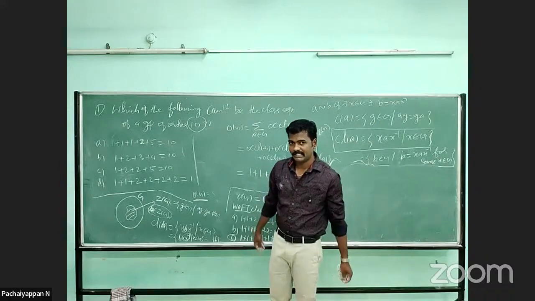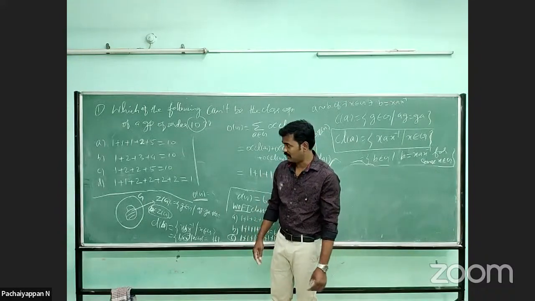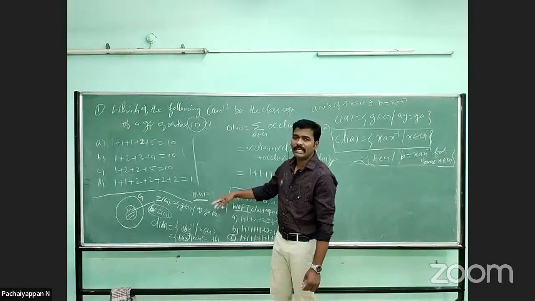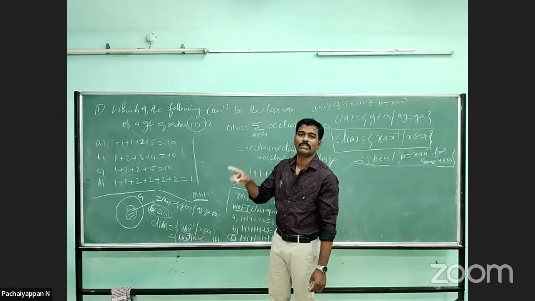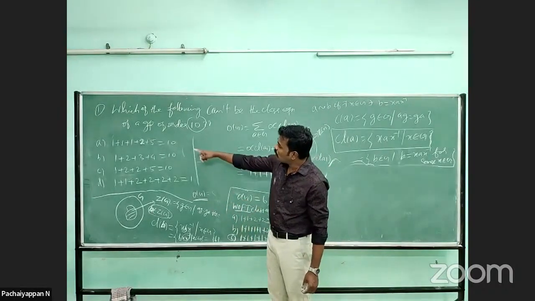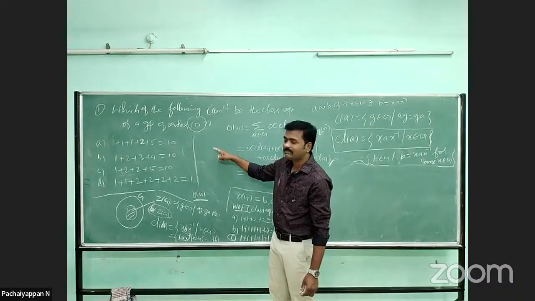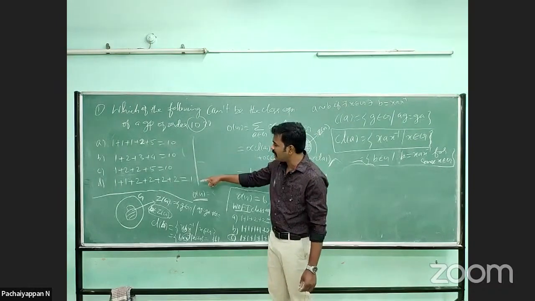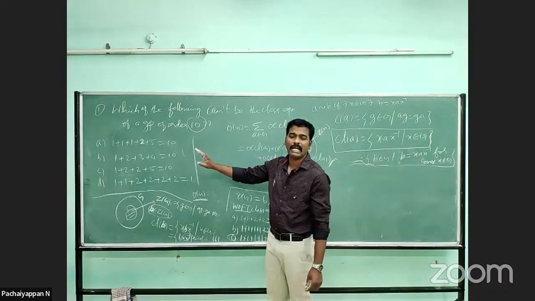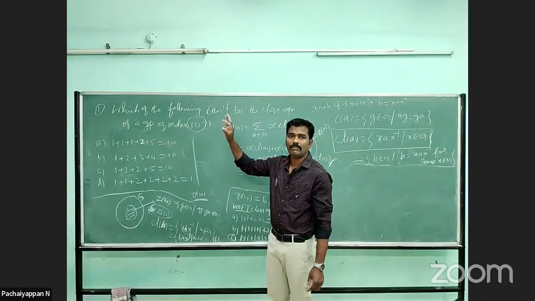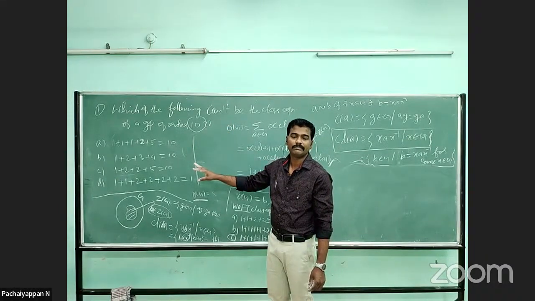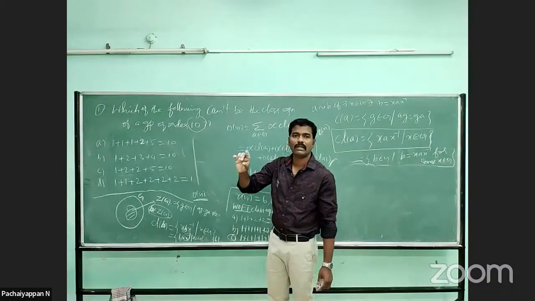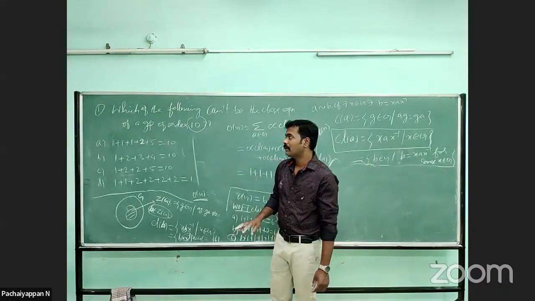Very good, excellent. Those people understood very clearly. Because madam also said, G is abelian, so the class equation structure is 1 plus 1 plus 1 plus 1 only. So none of the four given equations is a class equation of a finite abelian group of order 10.